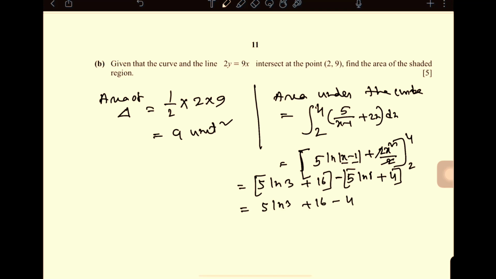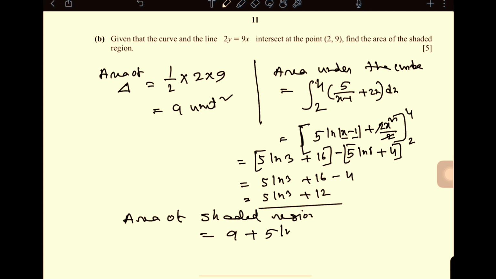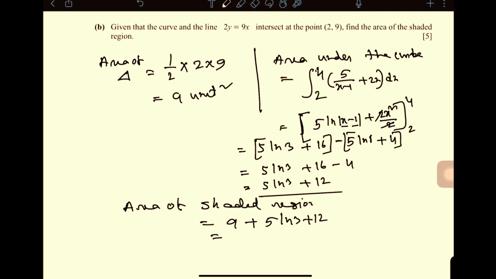So this is minus 4. 5 ln 3 plus 12. Area of shaded region, we can write 9 plus 5 ln 3 plus 12, 21 plus 5 ln 3.